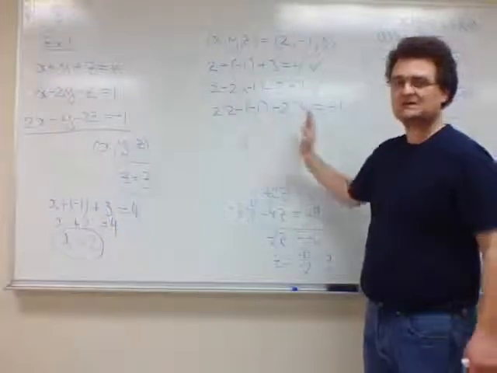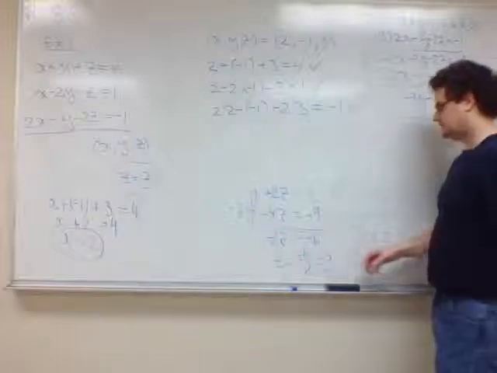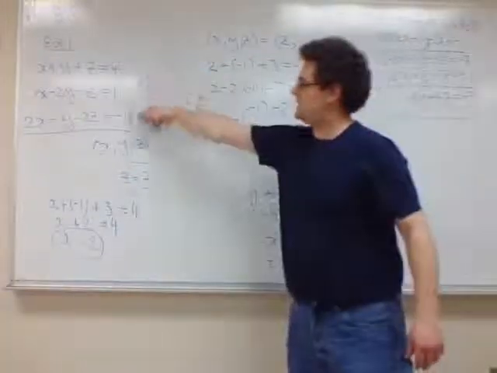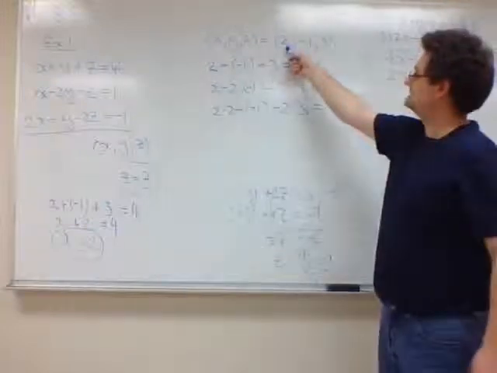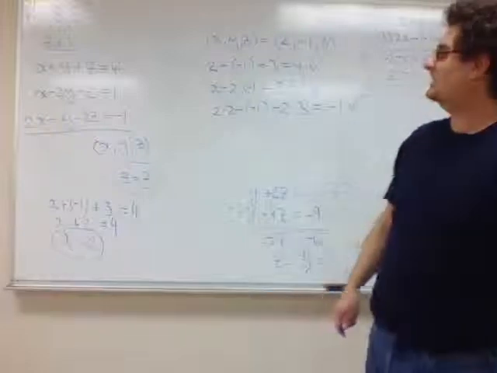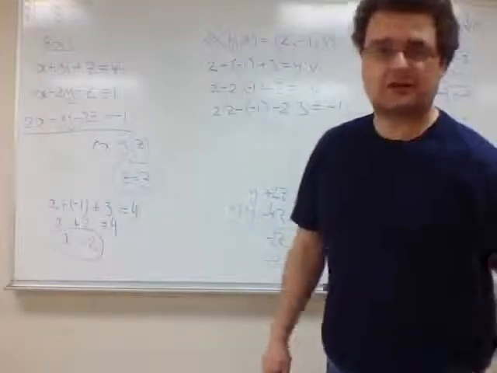So we have 5 minus 6, that's -1. Well, that's exactly what we have on the right side. So all the three equations are satisfied if x is 2, y is -1, and z is 3. So we check that it's correct.